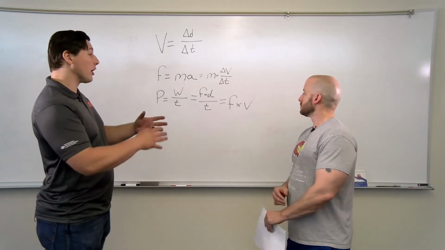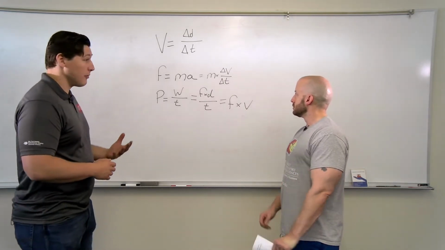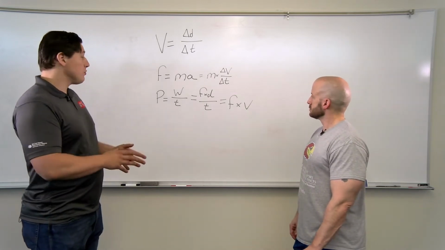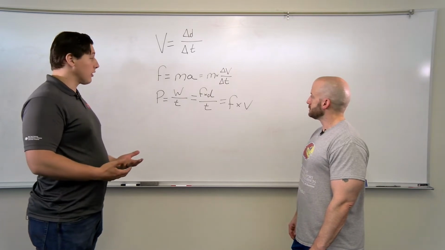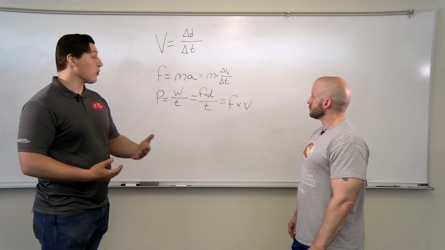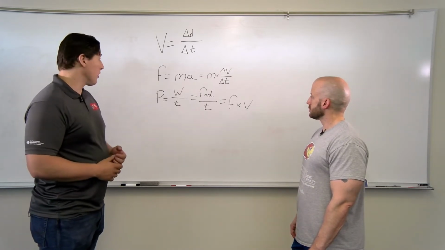Getting stronger, getting more powerful, and things like that. But it's very hard to think about these variables in isolation. We can see that they're all highly related, and if we change one, there's going to be an influence on the other variables. So that's an important factor to consider when you're changing somebody's velocity, or if you want to produce more or less force for some reason, to understand how that influences the other variables.